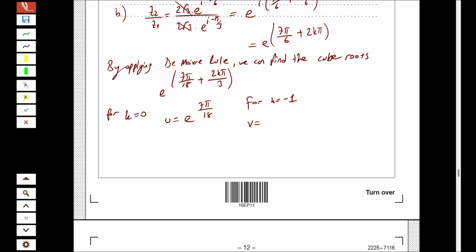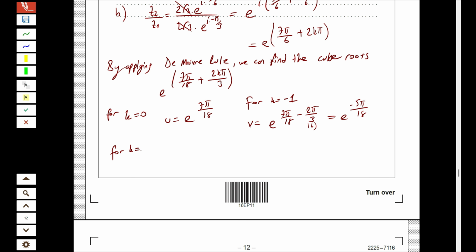And we get e to the power of i times 7 pi over 18 minus 2 pi over 3. When you find the common multiple of these two numbers, it will be 18, and we multiply the second fraction by 6. And the complex number will be e to the power of i times minus 5 pi over 18.